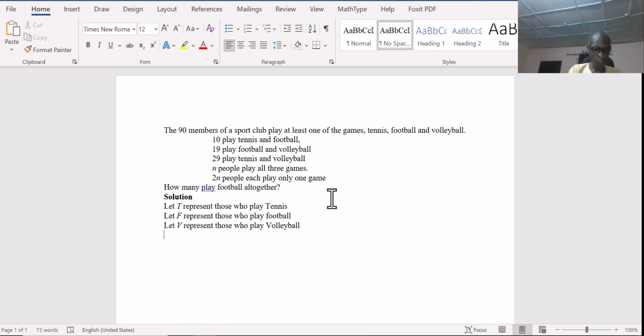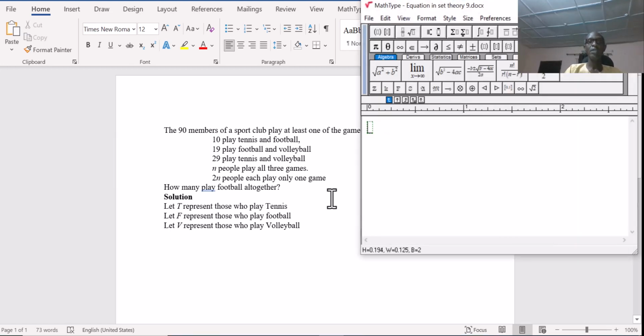The first statement we are given is that 90 of the members of a sports club play at least one of the games. So what it means is that T union F union V is equal to 90.